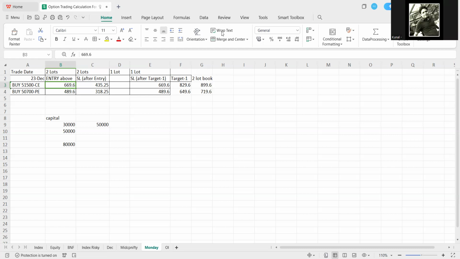Now I am trying to build one system where you don't even look at open interest. Now you're saying, sir, I don't understand open interest. Now this data I have derived out of open interest and price action.